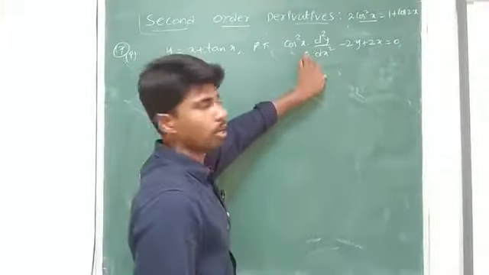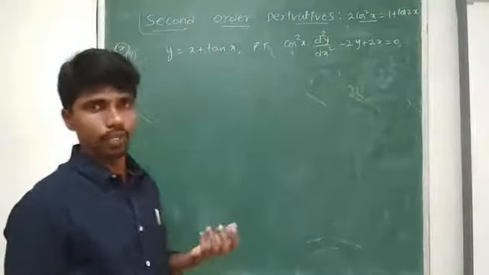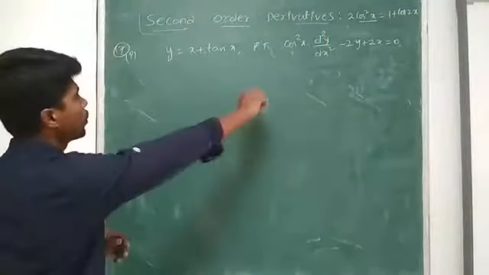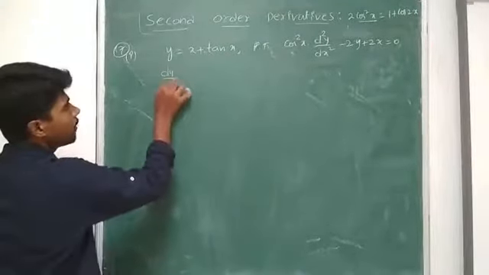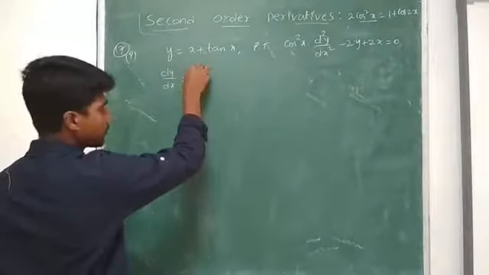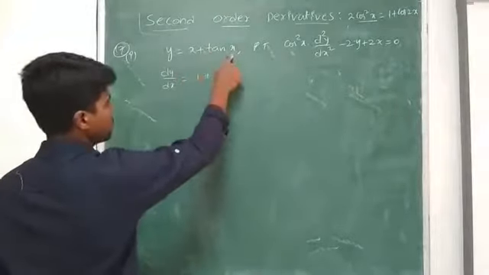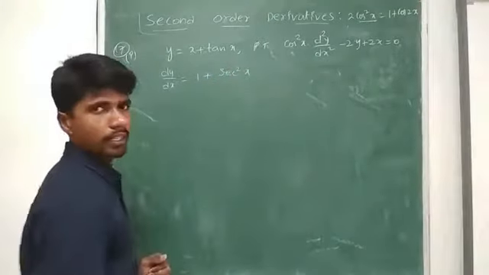So in this, maximum order is second derivative of y. So till second derivative of y, I have to simplify. So differentiate with respect to x. Then I get dy by dx, which is equal to derivative of x with respect to x, 1, plus derivative of tan x, secant square x.